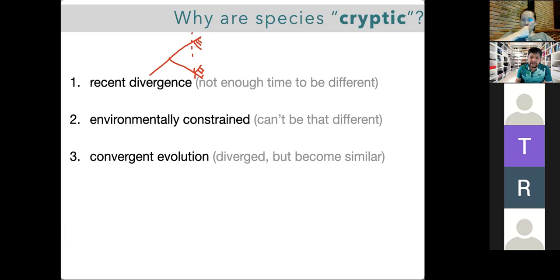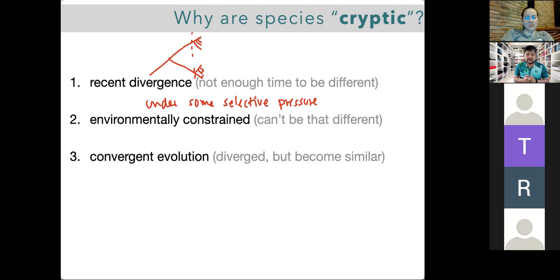And the second reason is the environment. It could be environmentally constrained, meaning they're under some selective pressure. Think about natural selection. For example, if you want to be in the water, you kind of need to have gills, or you have to be unicellular, have some way of surviving in the water. And the fish cannot be that different because they can't do anything else without gills, right?